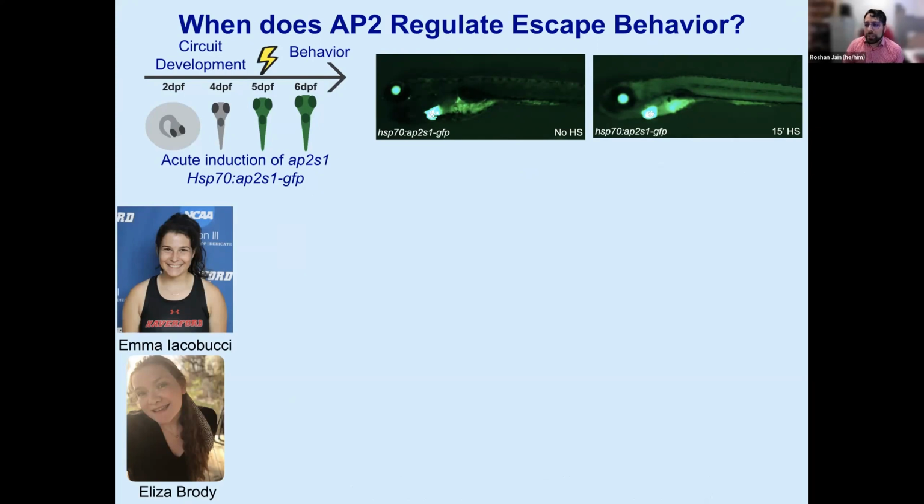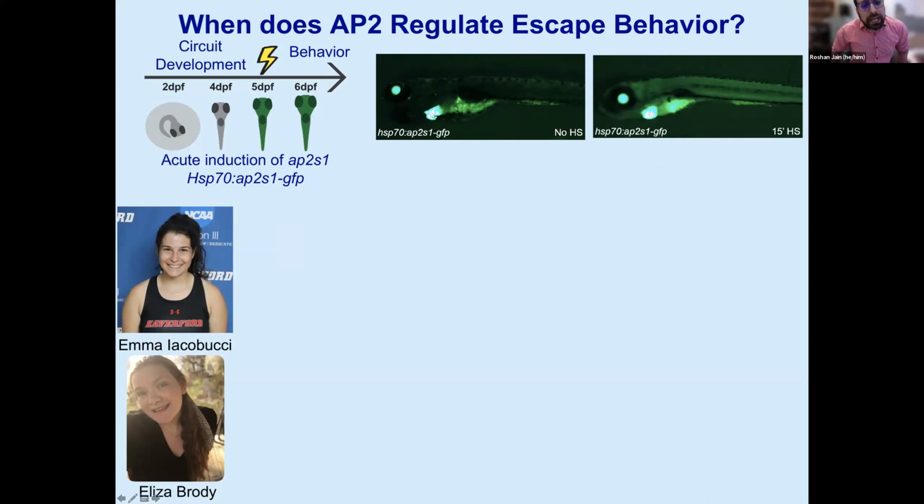So essentially, we give them a 15-minute spa time in the PCR machine at whatever time we want to induce expression. And then we can see robust and ubiquitous expression across the fish just from that 15-minute heat shock, right?